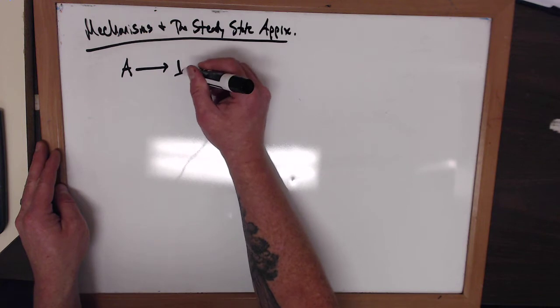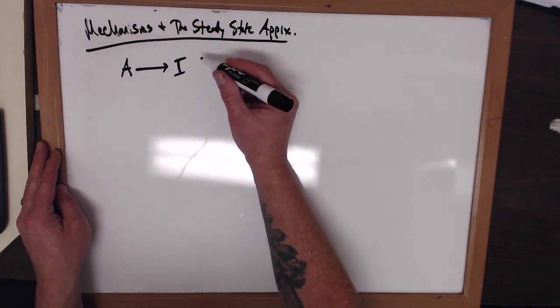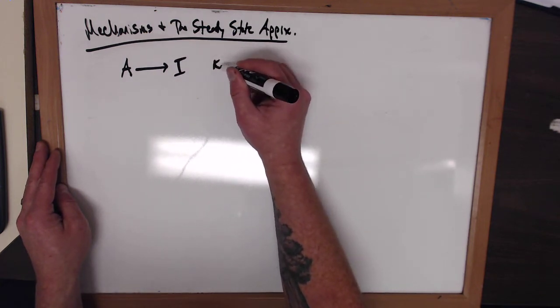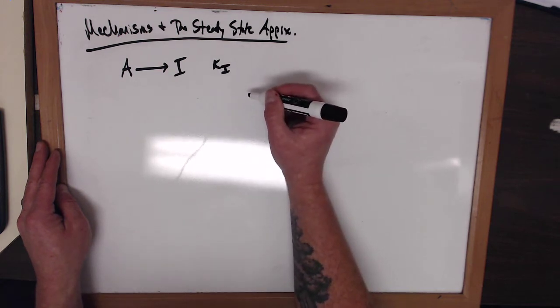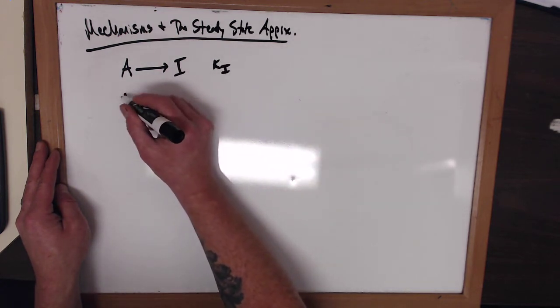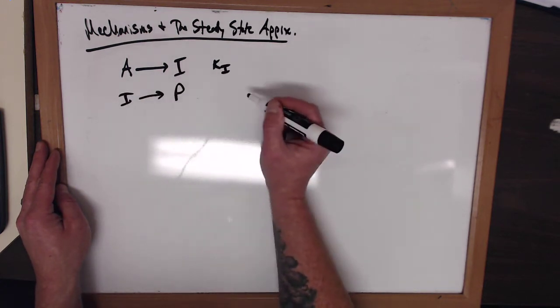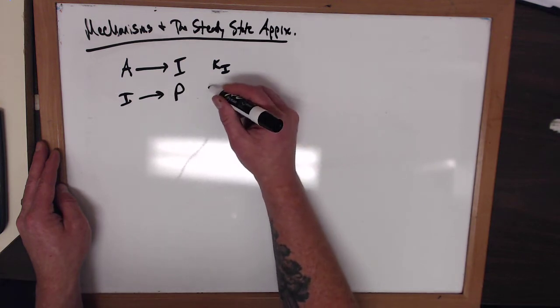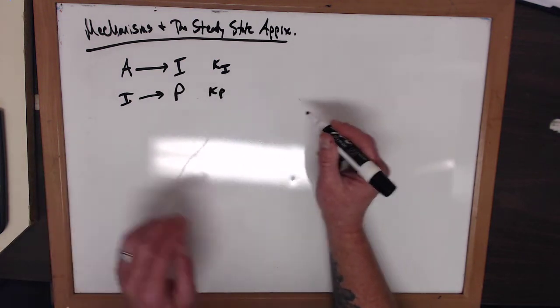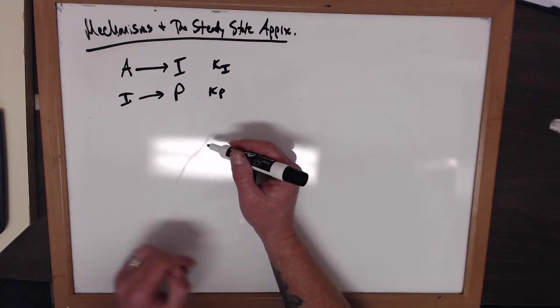of A to some intermediate I, which occurs at first order rate constant Ki, and then that intermediate decays into the final stable product at first order decay Kp.